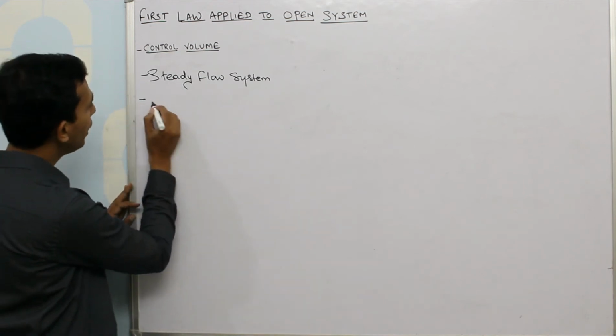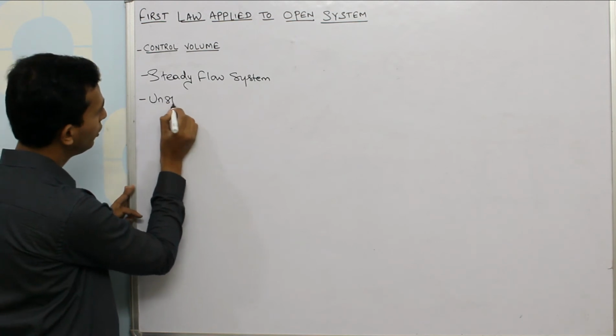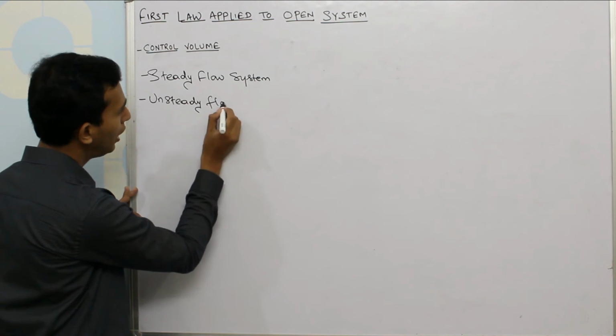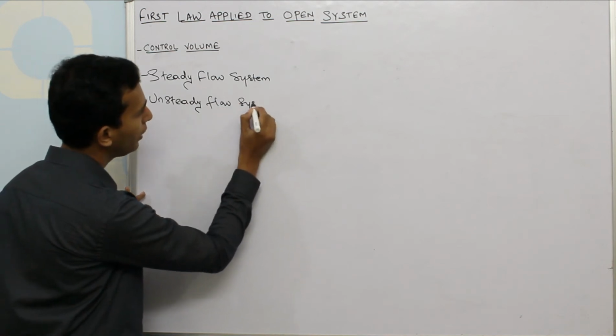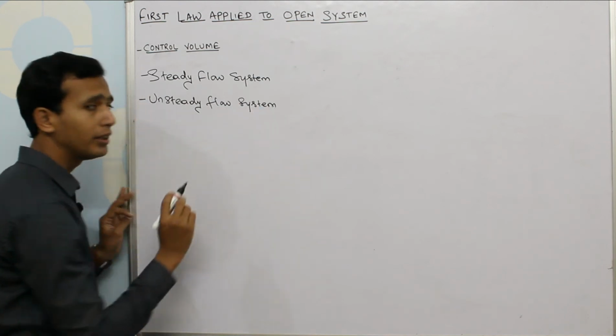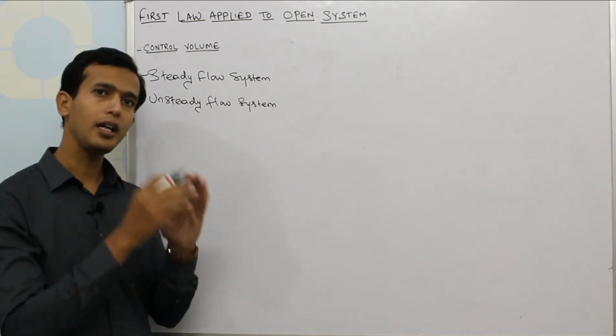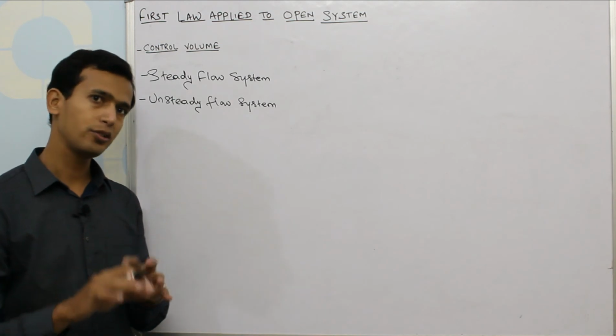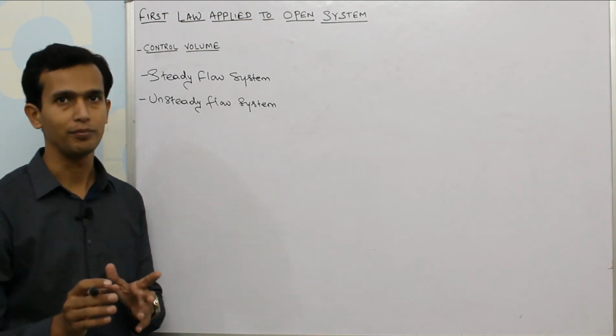Whereas when we say unsteady flow, unsteady means the rate of input and output are not same, they are different. Now, it doesn't mean that the rate of input is more or rate of output is more. Vice versa is true, but they should not be same.